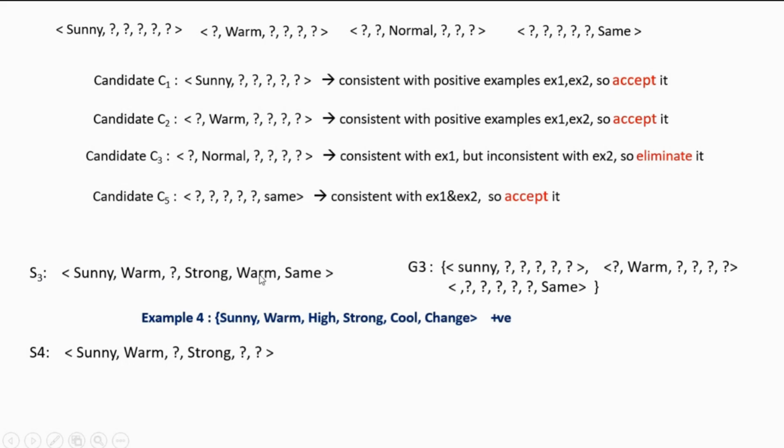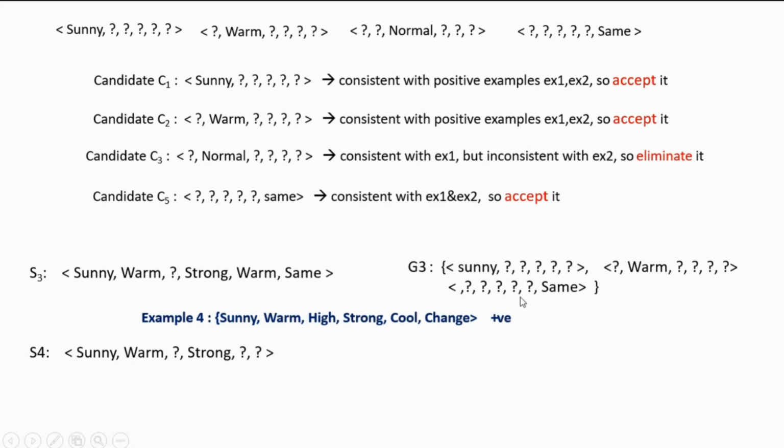The fifth attribute here is warm, and in the example there is cool. So mismatch, so replace it with question mark. Similarly for the sixth attribute, here it is same, but in the example it says change. So there is a difference, so replace with the more general value, question mark. Now the S space is over.